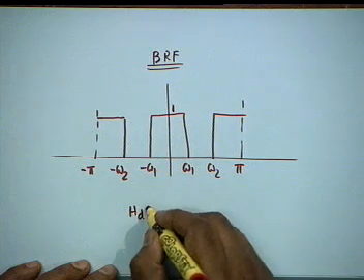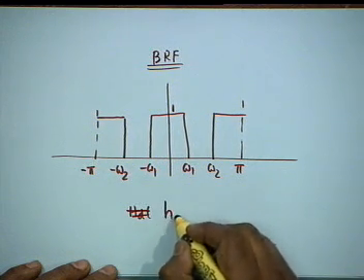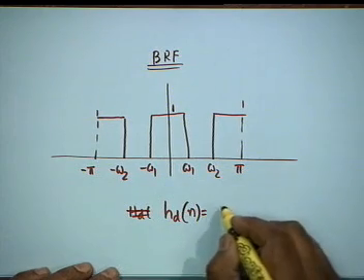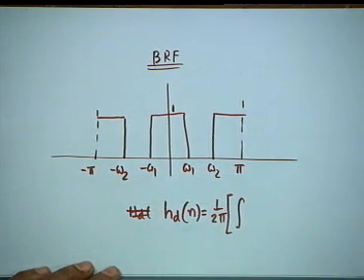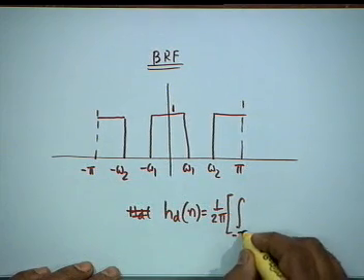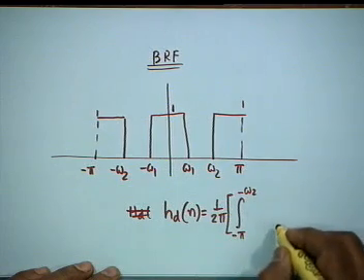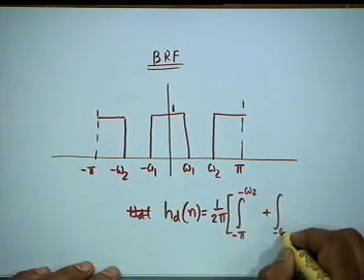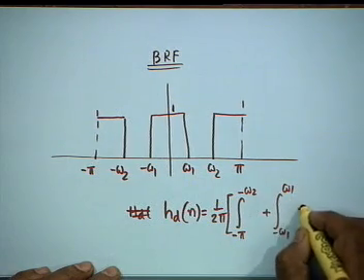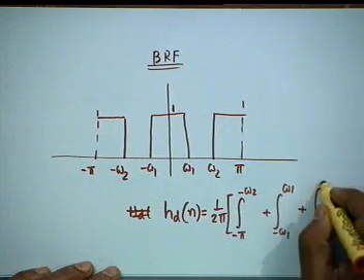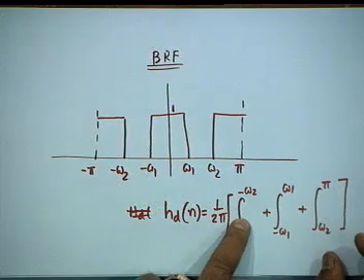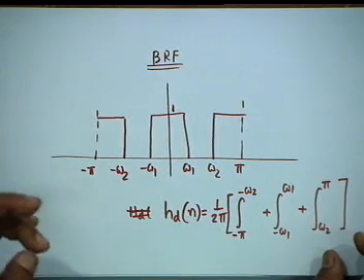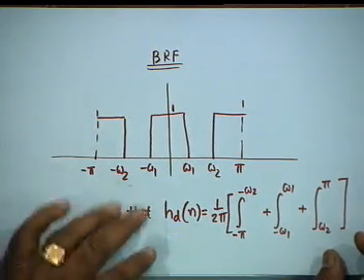So, small h d of n shall now consist of 3 integrals, the same integrand as we have been talking about, but you shall have to go from minus pi to minus omega 2, then minus omega 1 to plus omega 1, and finally omega 2 to pi. 3 integrals you will have to carry out, and I have not written the integrand, which is e to the power j omega n minus tau, then d omega.